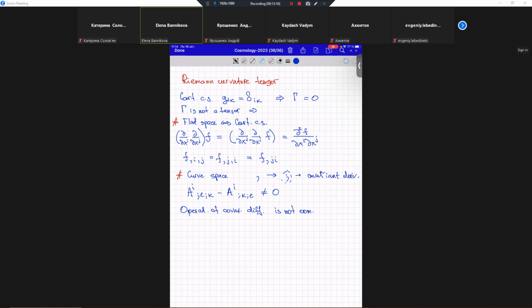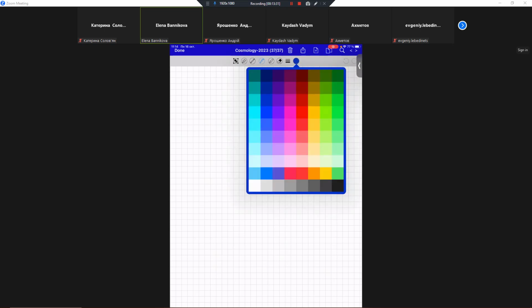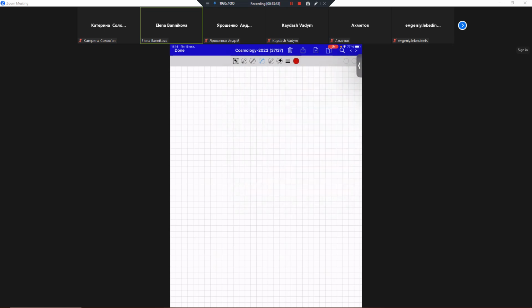To do it, I will move to the second page. First, we need to remember the expression of the covariant derivative of a tensor of the first rank and of the second rank. I will write it here because it will be convenient to use immediately.